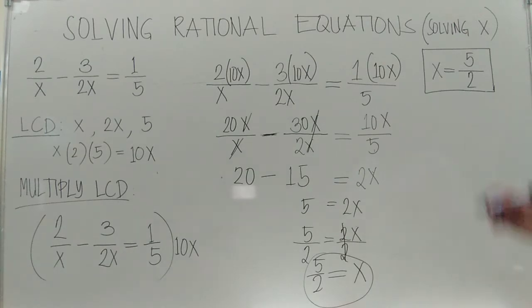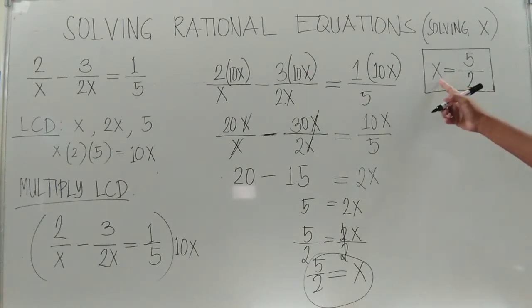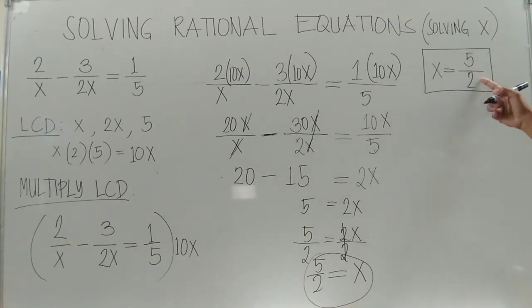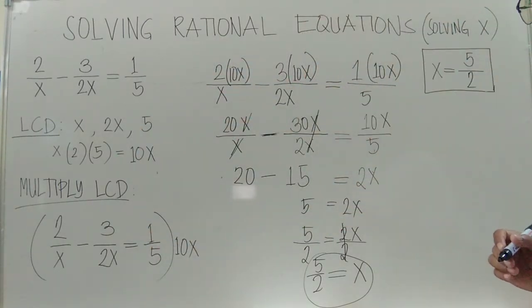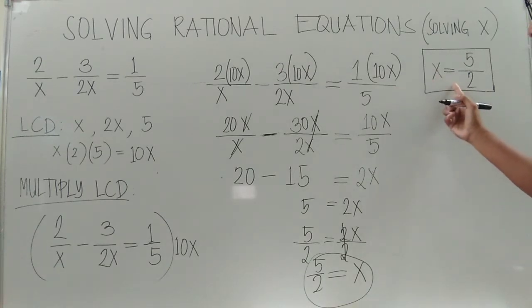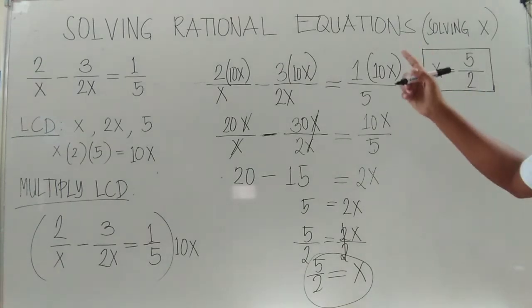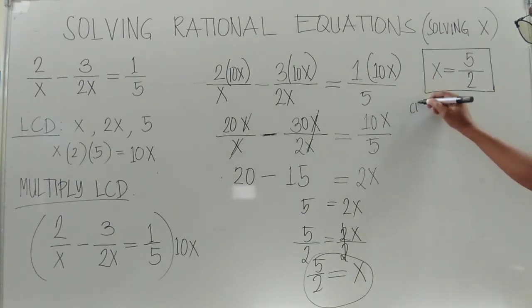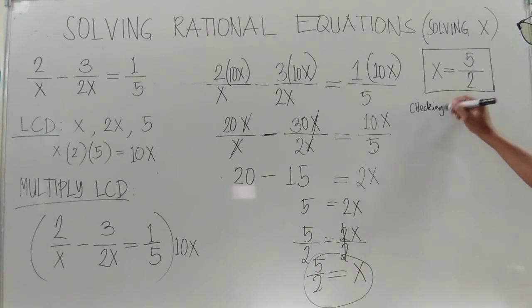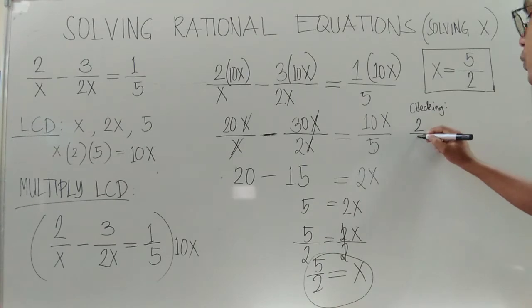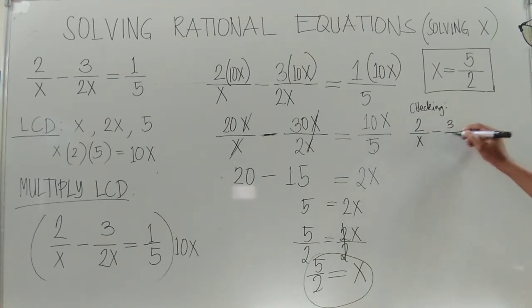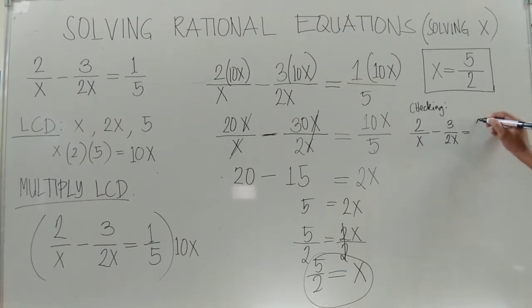Okay? So after that, what we're going to do is check whether your x, which equals 5 over 2, is the solution of your given equation. So we have arrived at the value of x. Let us do the checking. We will be using your original equation. So we have 2 over x minus 3 over 2x equals 1/5.